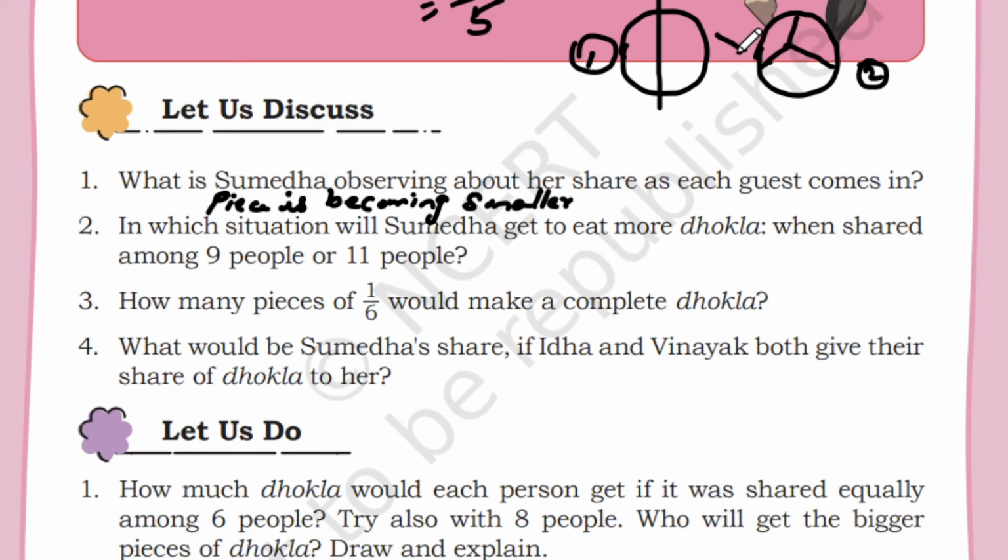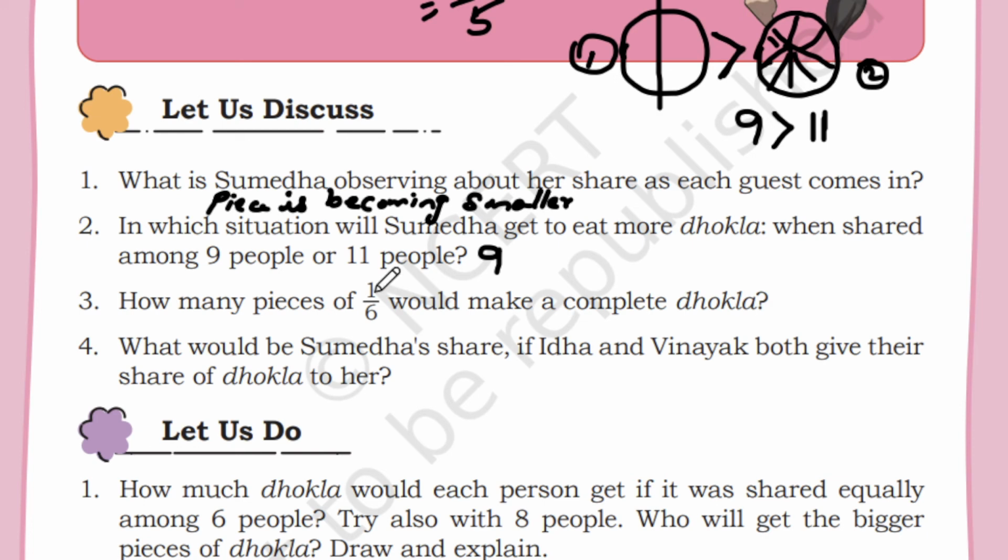So likewise, when you share with 9 people or with 11 people, with 9 people you will get more Dhokla. Because if you share with more people, then you have to cut many equal parts, then the size will become very small. Okay, next.